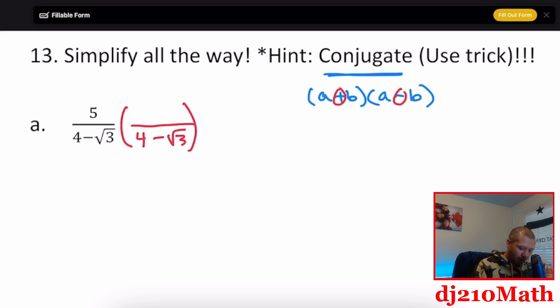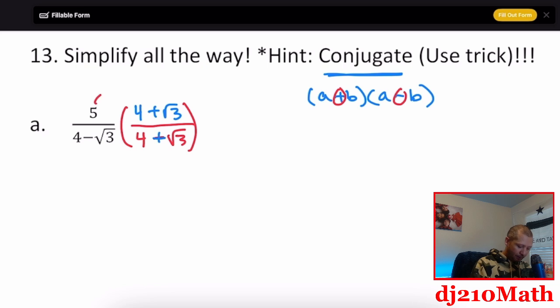Instead, I'm going to use 4 plus root 3 because it's the opposite sign. Because that's what a conjugate pair is, right? It's a number and a square root. One minus, one positive. Top and bottom. It has to be opposite. Otherwise we can't do the calculation we're about to do.